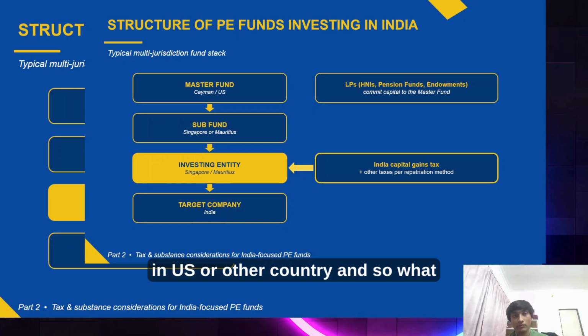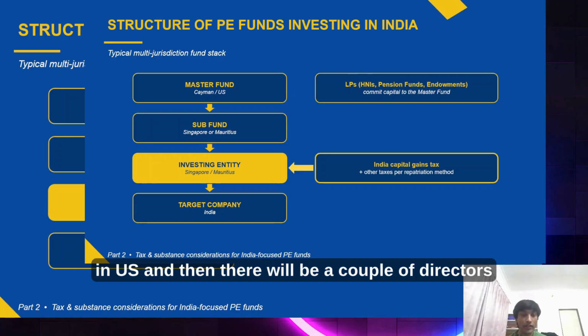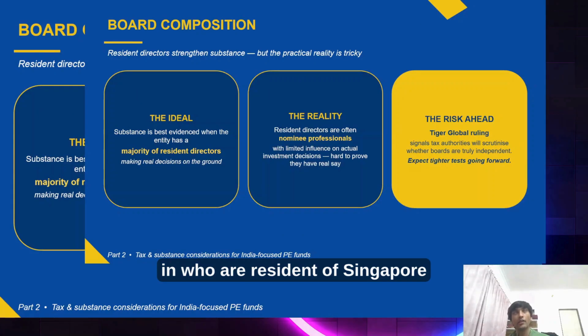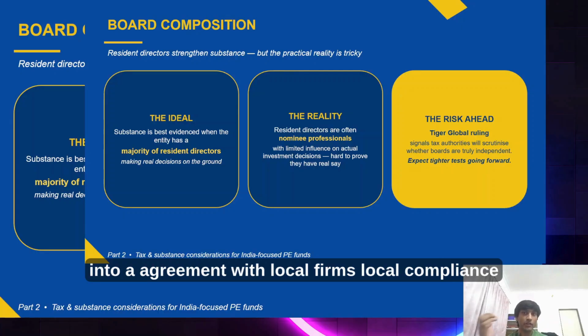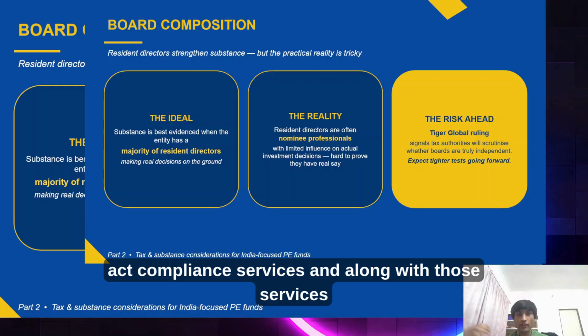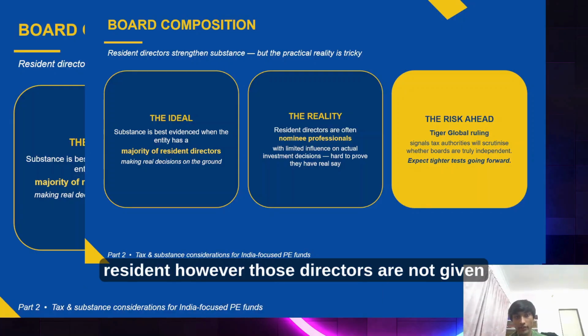And so what they will try is that the one director is sitting in US, and then there will be a couple of directors who are resident of Singapore. And so for that, a lot of PE funds enter into an agreement with local compliance firms that provide them accounting and Companies Act compliance services, and along with those services, those entities also provide them a couple of directors to make this majority resident.